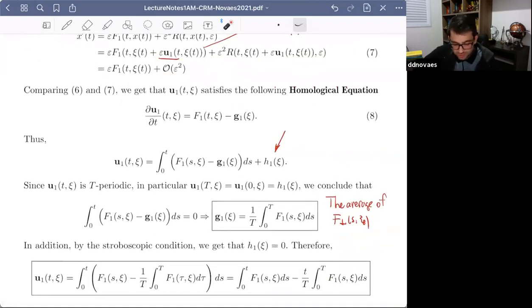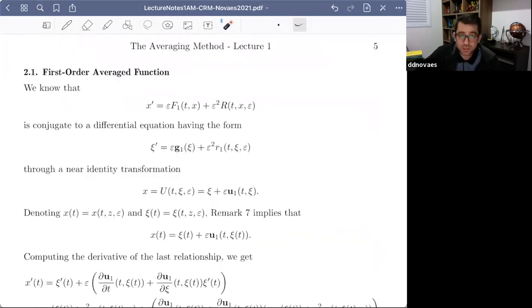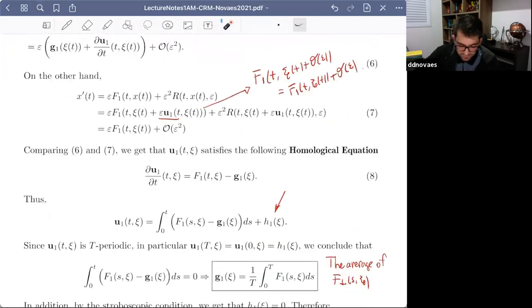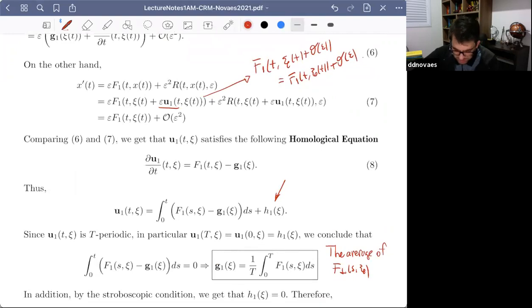The averaging method is telling me that using this transformation, actually this one, we can approximate the solutions of the original differential equation by the solutions of a truncated average equation. In this case, x prime equals epsilon times 1 divided by t, integral between 0 and t of f1(s, c) ds.